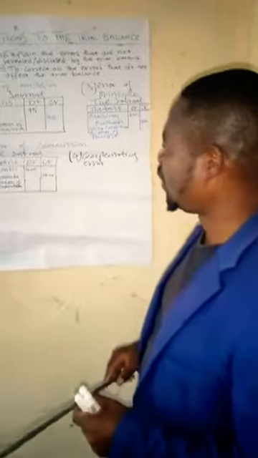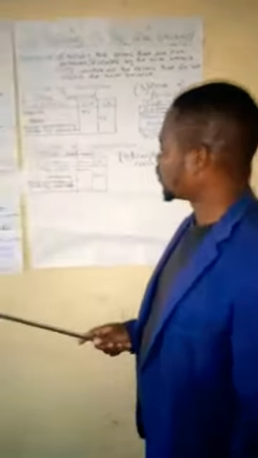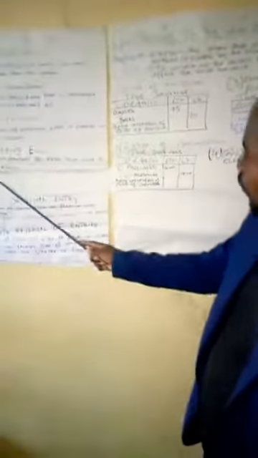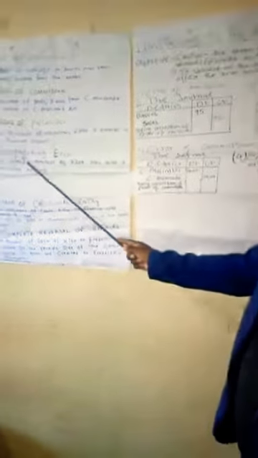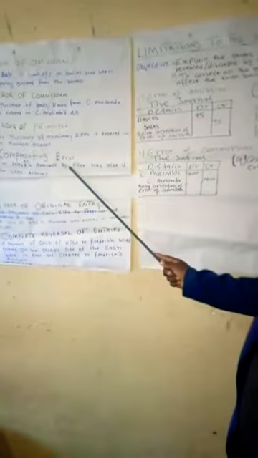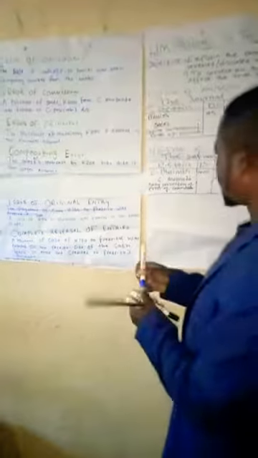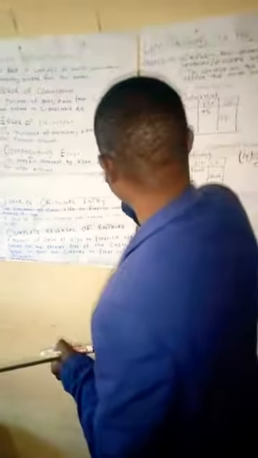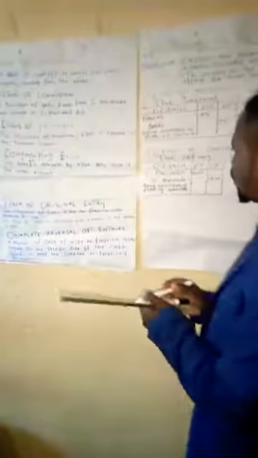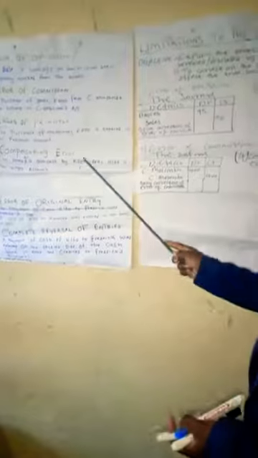Let us look at an example here so that we see how we can correct such an error. The sales account is overcast by 200 kwacha, as also is the wages account.